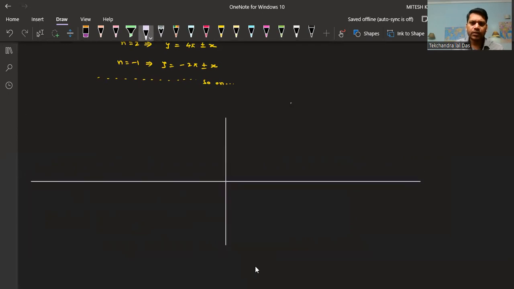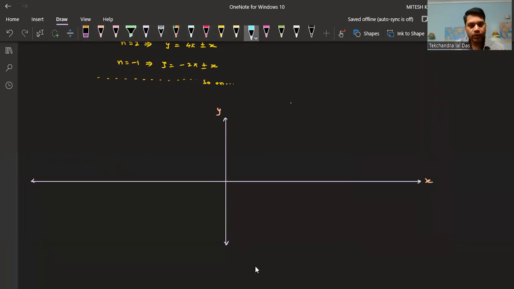One more thing here, this graph is between 0 to pi. Okay, that is about this function being bounded. You have studied in class 11th, the bounded function means what? The range is limited. Definitely here the range is limited because the range is 0 to pi. So our graph will be between 0 to pi only.